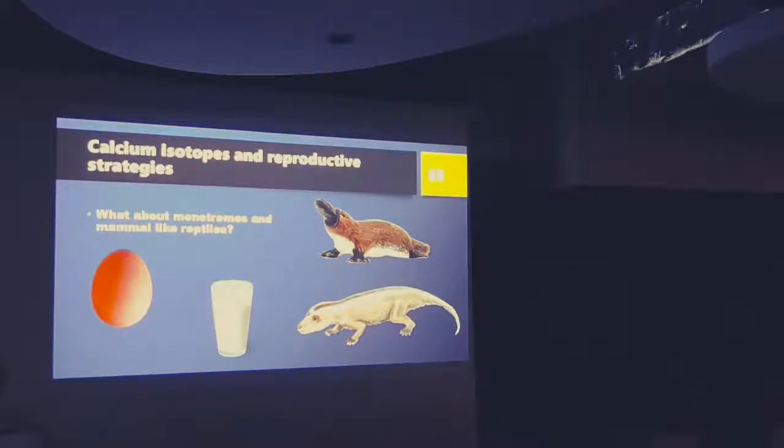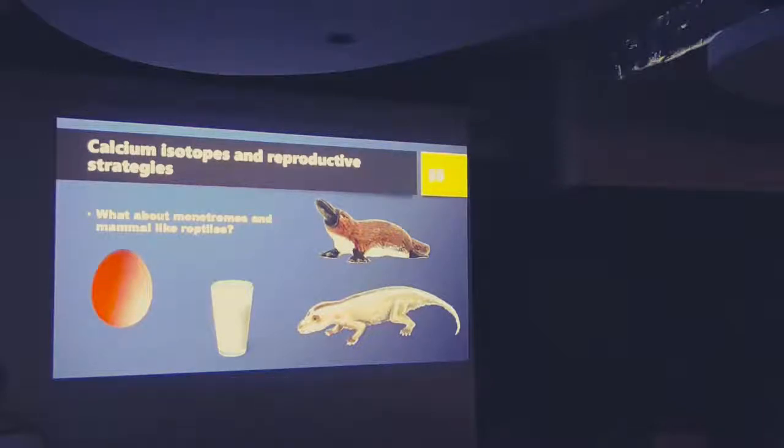The aim of doing that is that this mixing of egg laying and lactation is suspected to be also the same reproductive strategy adopted by mammal ancestors and by mammal-like reptiles.